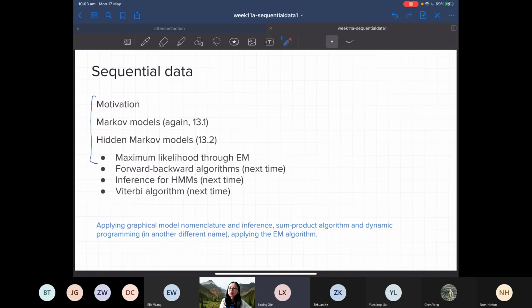And this is also essentially an application of graphical model nomenclature that we have been living and breathing in the last little while, and then essentially using the same machinery on sequence data. We will revisit the sum product algorithm under yet different names, and then we would also look at the EM algorithm again.